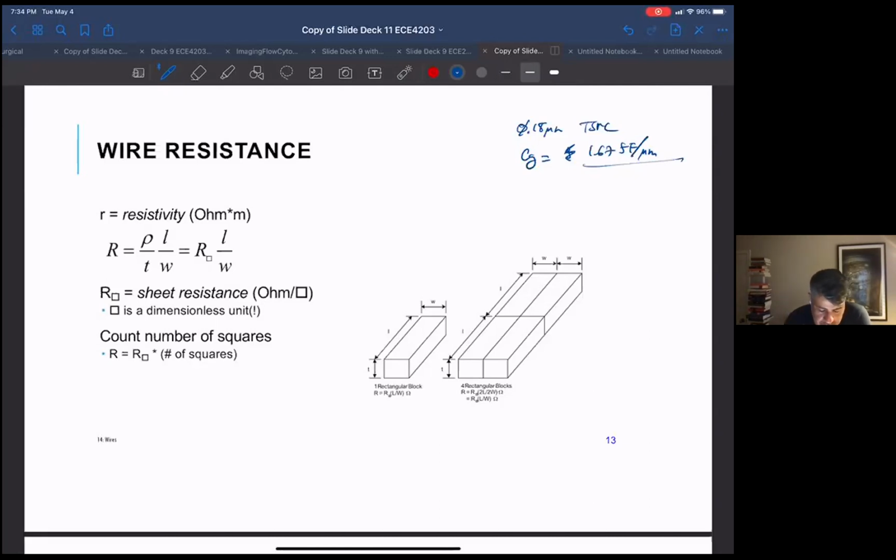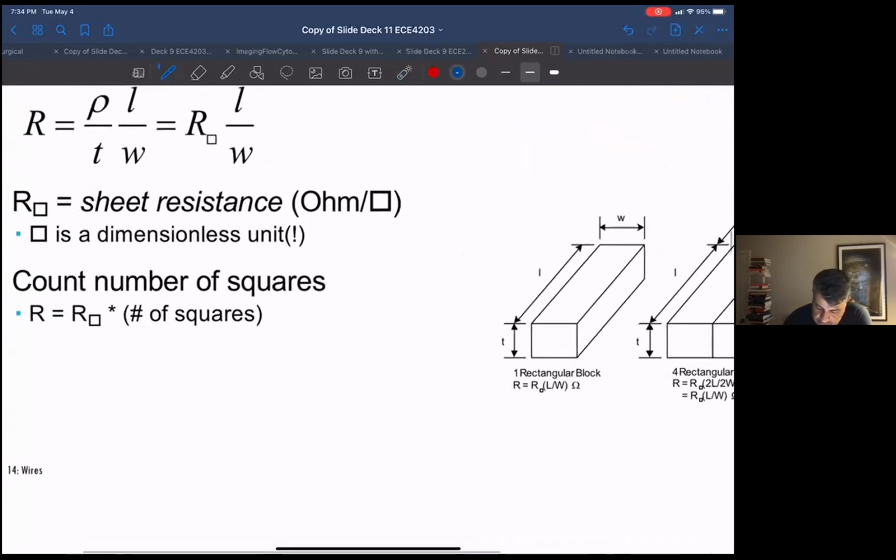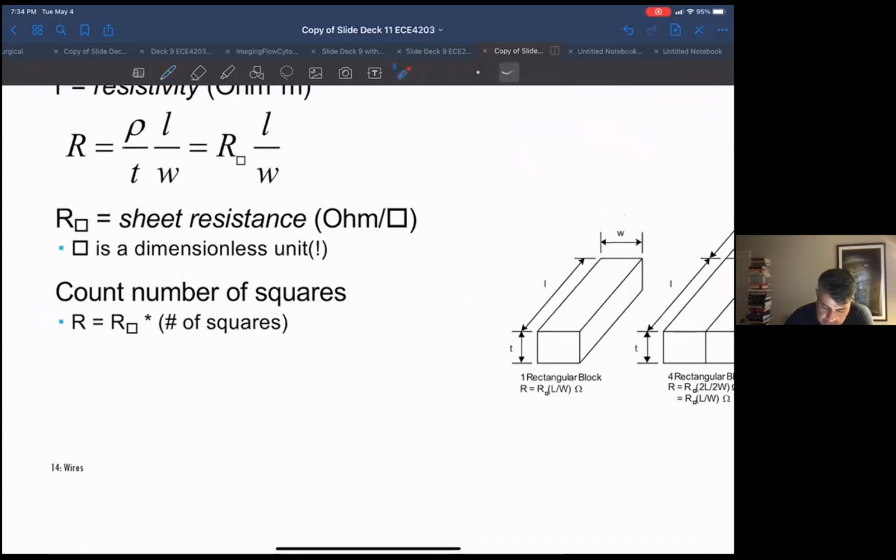And resistance of wires is the same concept. If you really look at the resistance of, say, a block here, you guys have all had your basic physics, but basically you have a resistivity, say if this is an aluminum block. You have a certain resistivity for aluminum.